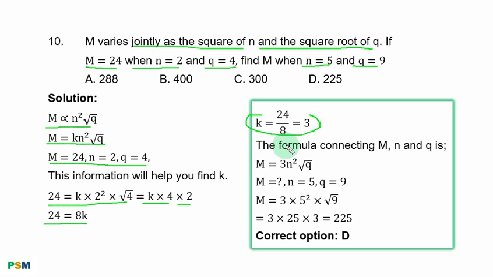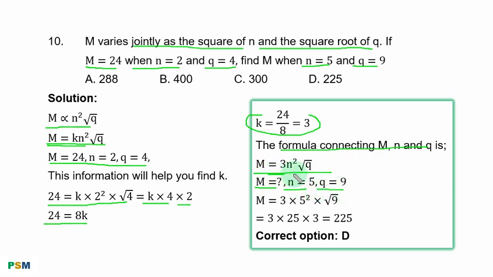Next thing is to establish the formula connecting the variables. You come here and replace k with 3 and you have the formula. When m is unknown, n is equal to 5, q is equal to 9.